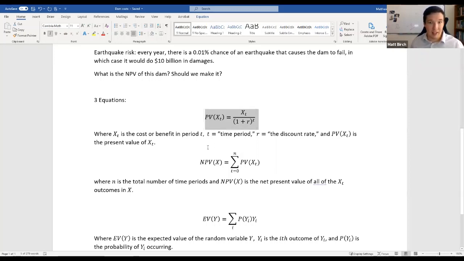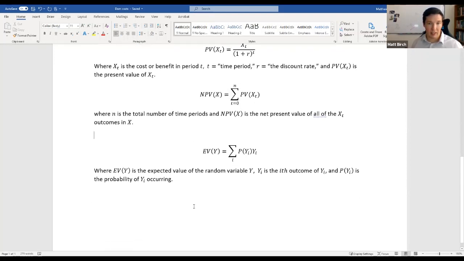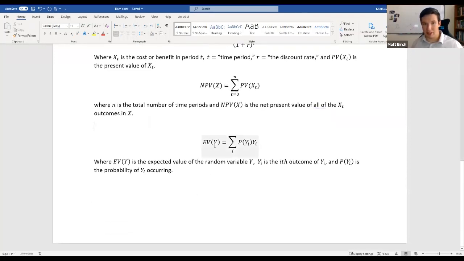All right, next, the net present value is where we had a bunch of x's that were part of some larger variable x, a bunch of observations of the same thing. Well, for the net present value of x, you just sum up all the present values across time. And then last one is the expected value function.